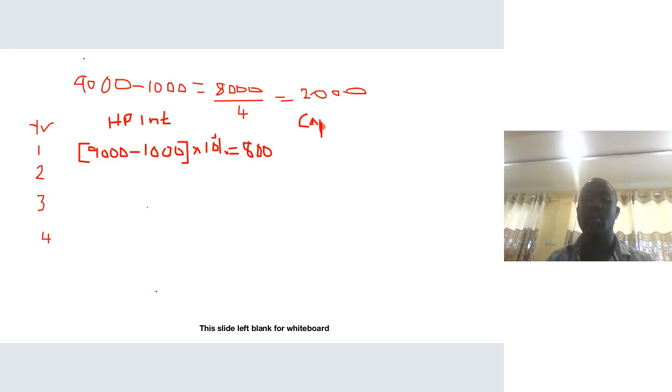Then the capital, we have already calculated that. So for each year, 2,000. And then now the installments.